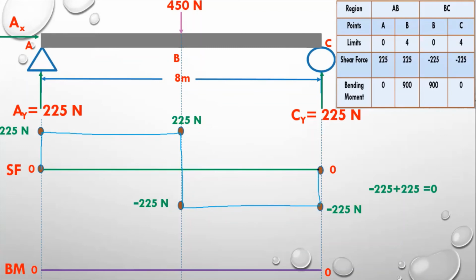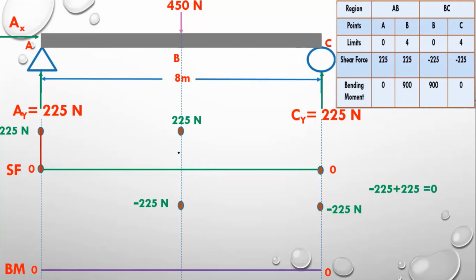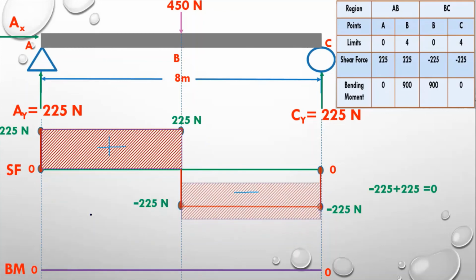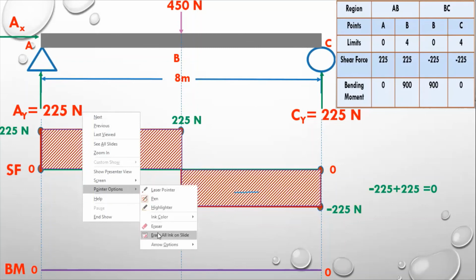If I show you whatever I have drawn first, look, there is a line coming here, then this, then this, then this. This is the way to make the shear force diagram. You can see here, this is the positive side and this one is the negative one. So I will shade this region, and let me clear whatever I have done over here.